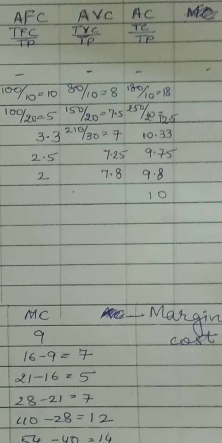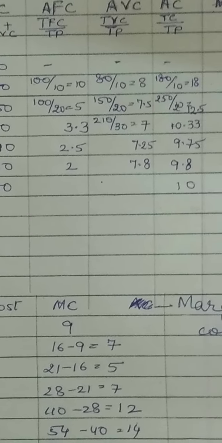Then in the next we can see the total cost being 250. So 250 by 20 gives us 12.5. You can here see a decreasing trend, 10.33, 9.75, and after that, like the average variable cost, the average cost also goes on increasing.